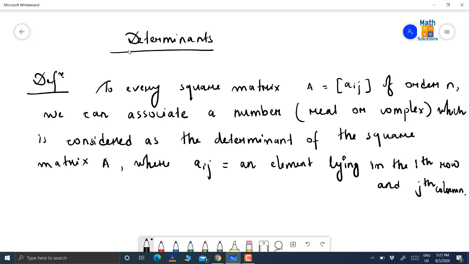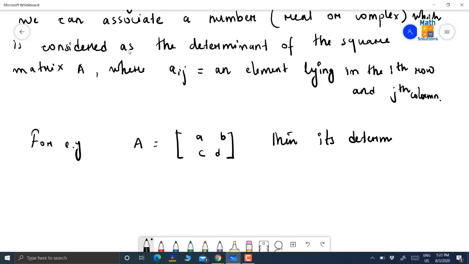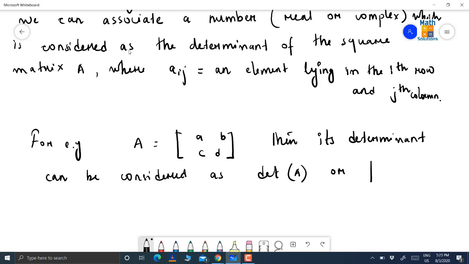Actually, if we consider, for example, capital A is equal to a matrix given like this, A, B, C, D, then its determinant can be considered as det of A or determinant of A. It looks like modulus but is not modulus.